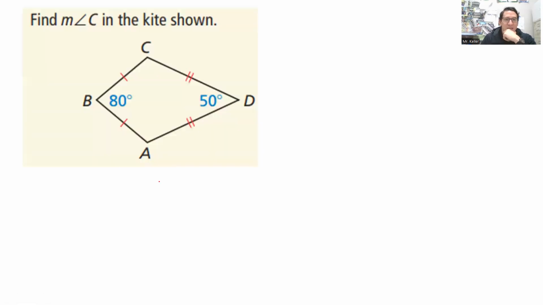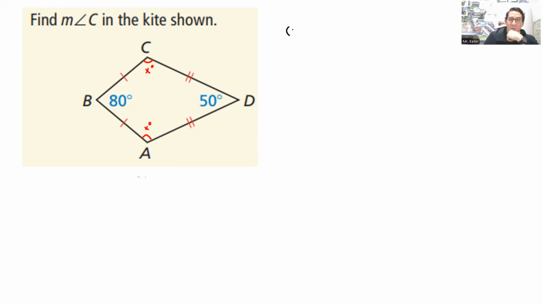So let's look at an example for the kite shown. Find the measure of angle C. So we know that angle C and angle A are equal. So I'm going to call these x, just to keep it simple for what we're trying to solve. What we know about quadrilaterals, if you remember, all the angles in a quadrilateral add up to 360.